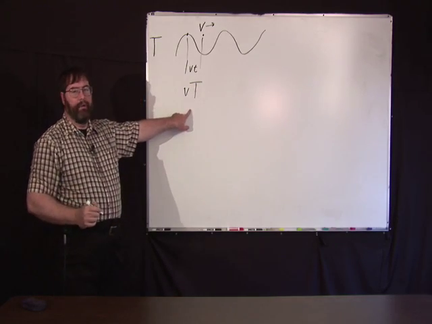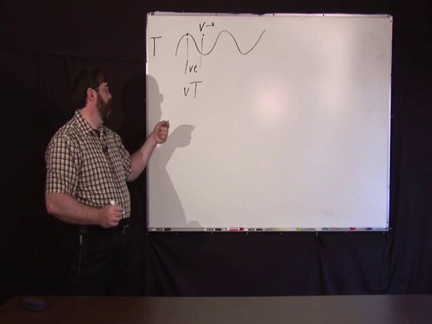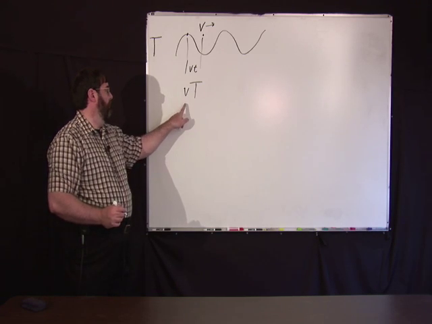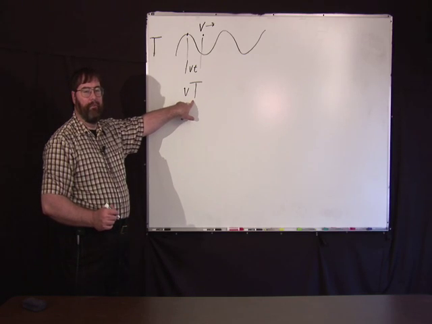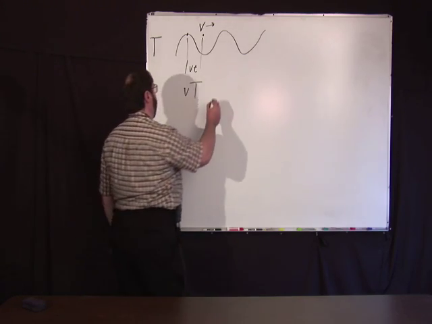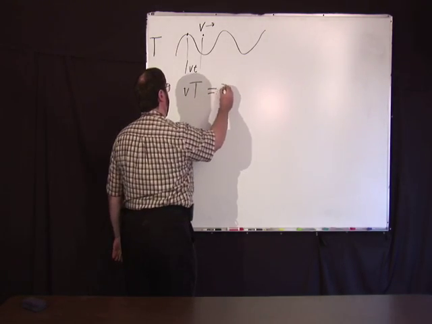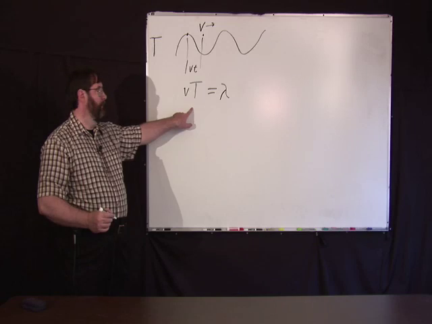Well, one period, by definition, is the time it takes the wave to repeat itself. So in this time, in that distance, it's back to the point where it started. So this has another name. This is the wavelength. Okay?